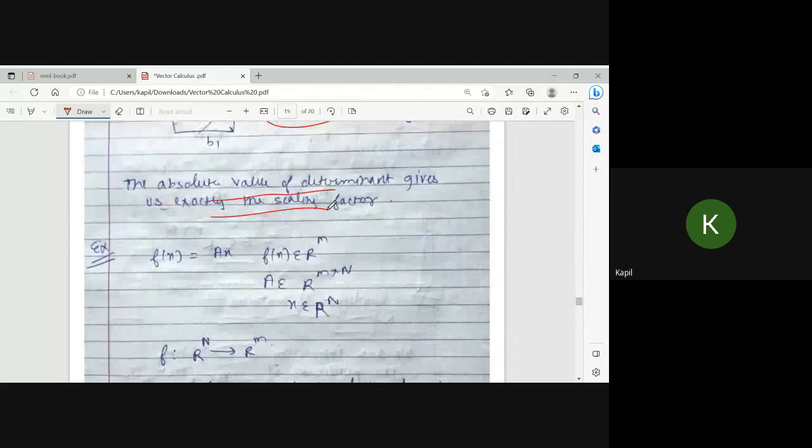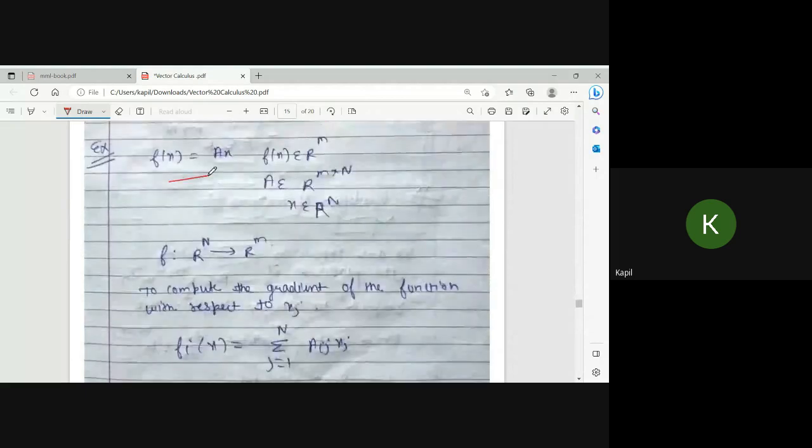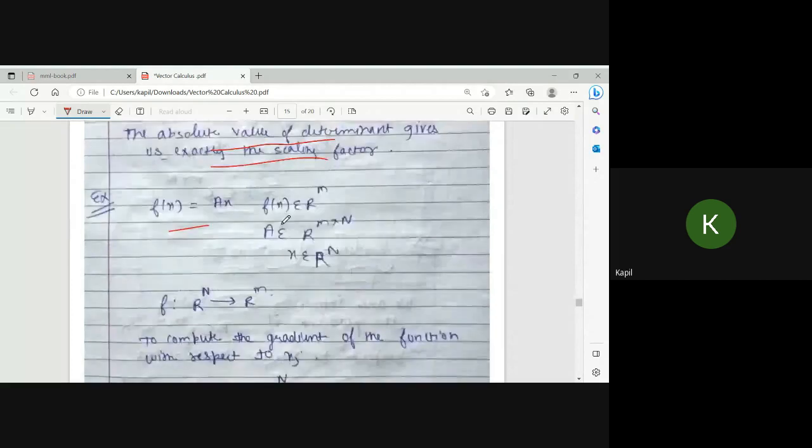Let us take an example on the Jacobian quickly. f(x) is equal to Ax, where f(x) is m dimensional, x is n dimensional and A is m cross n dimensional. So f maps from R^n to R^m.